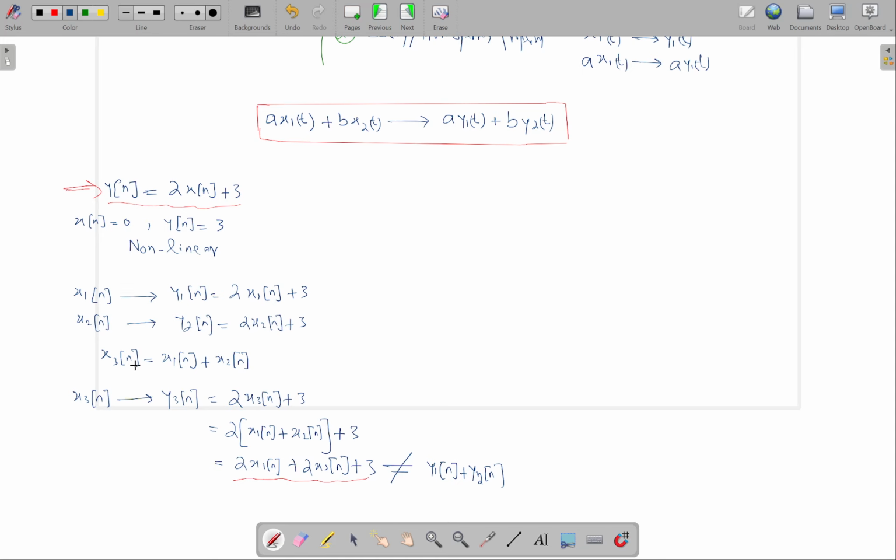So what happened over here is that when the input was x1n plus x2n, the output was not equal to y1n plus y2n, which means that my system is non-linear. The same result which we have already proven by using the 0 in and 0 out property.